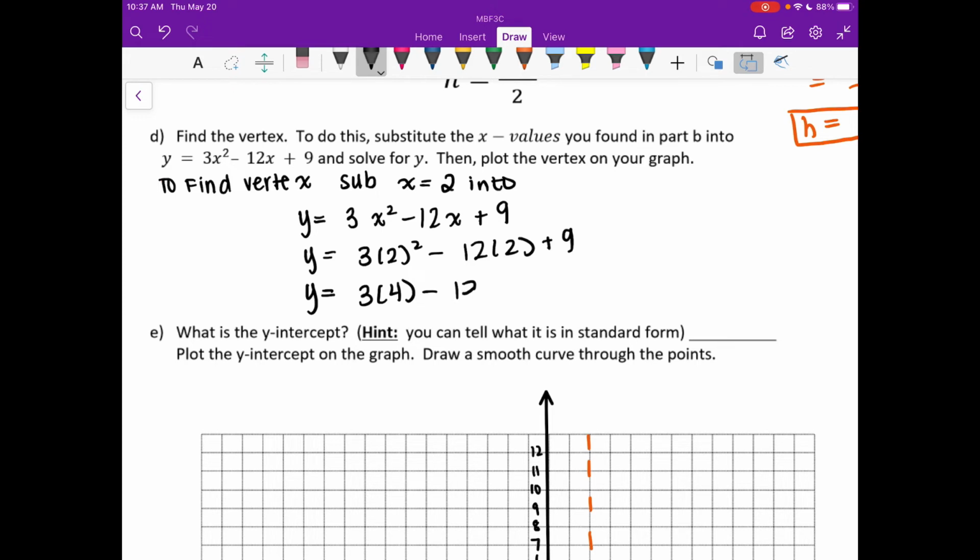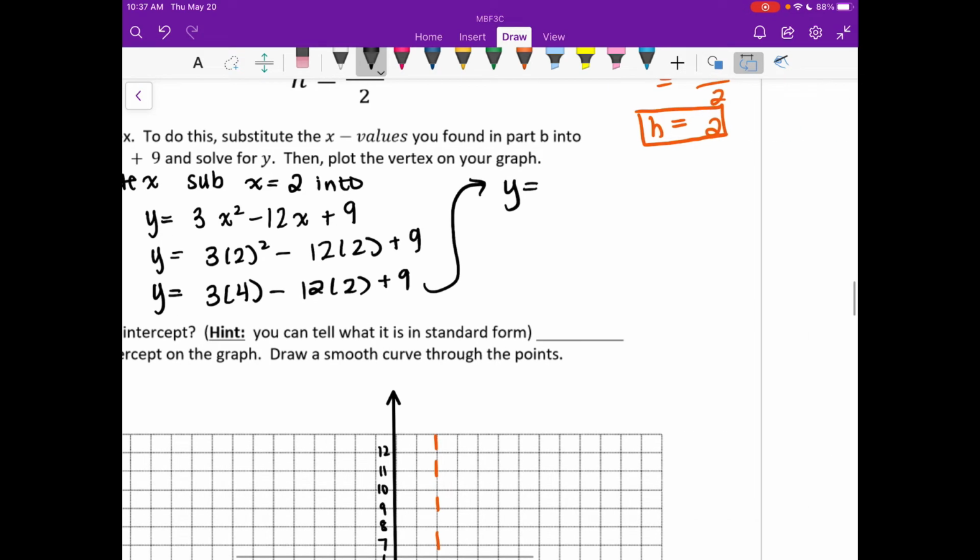Just doing the math, 12 times 2. Always do exponents first. Y equals 3 times 4 is 12 minus 24 plus 9. 12 minus 24 is negative 12 plus 9. All of that adds up to negative 3.